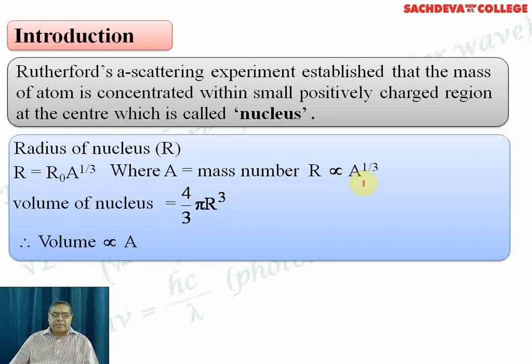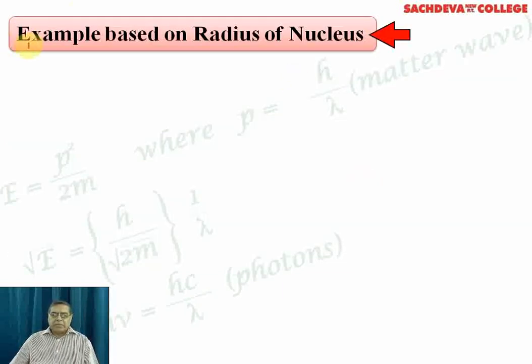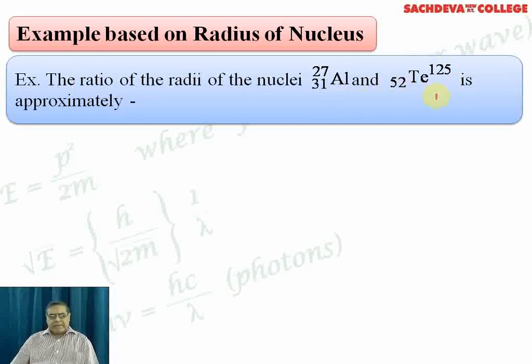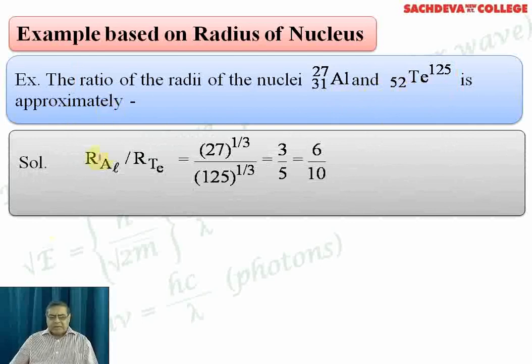Well, the next concept is examples based on the radius of the nucleus. The ratio of the radii of the nuclei 13 aluminium 27 and 52 tellurium 125 is approximately? Well, I think we have to take into consideration the mass numbers.